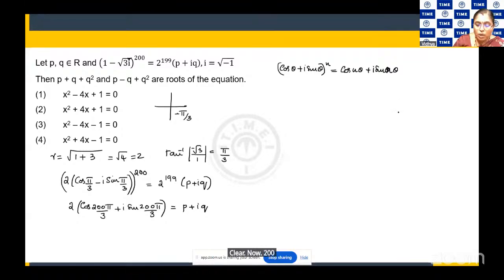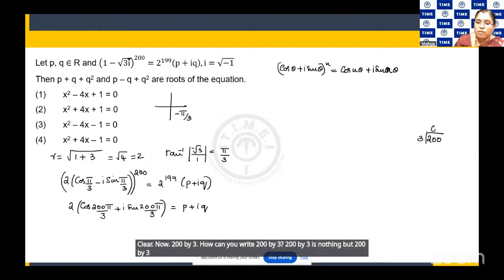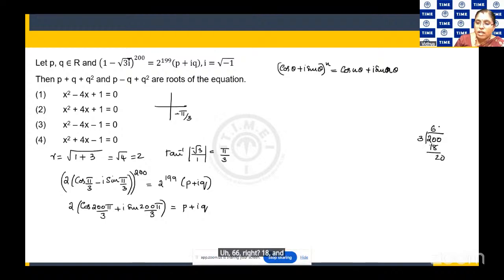Now, how can you write 200 by 3? 200 by 3 is nothing but 66 into 3, and we get 66 plus 2 by 3.